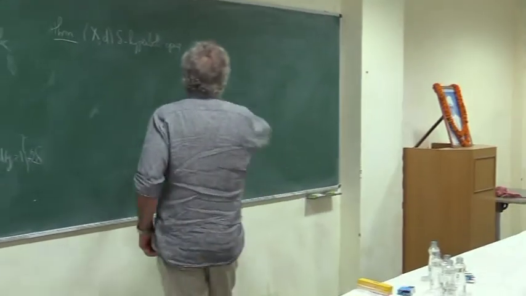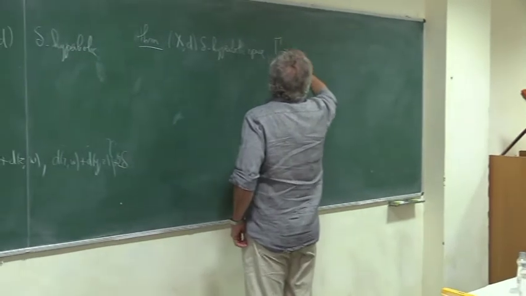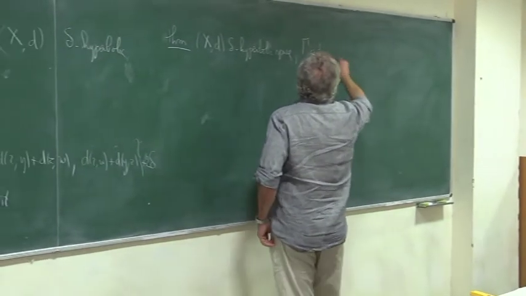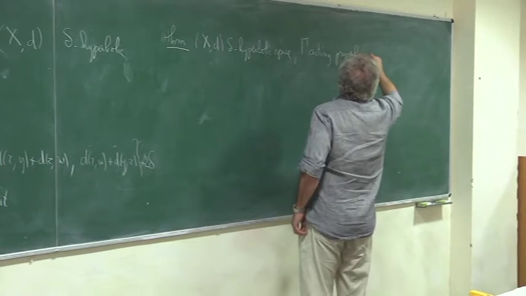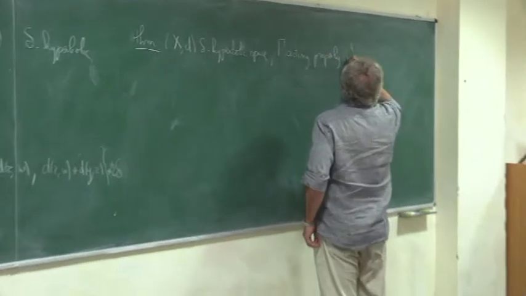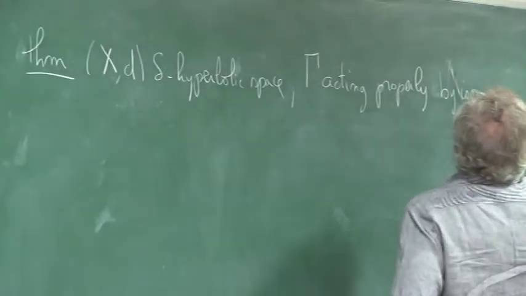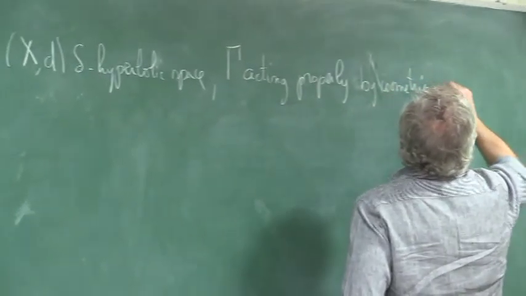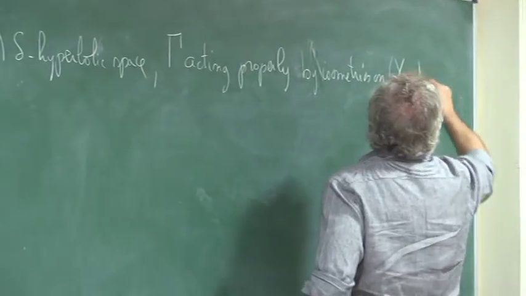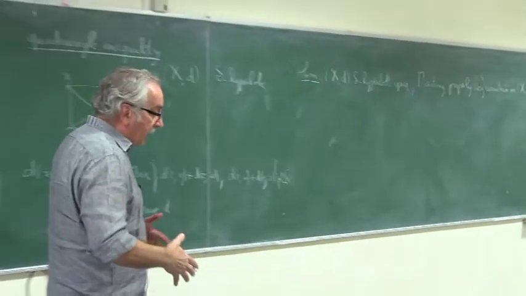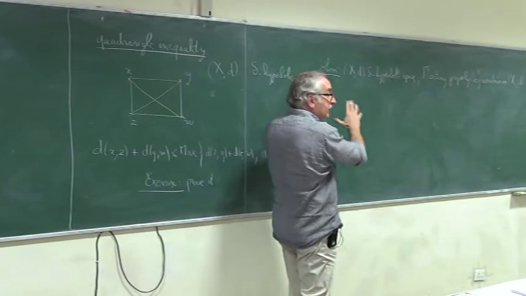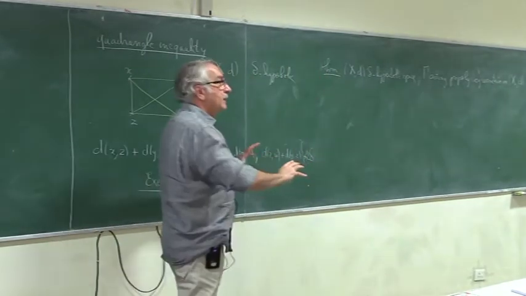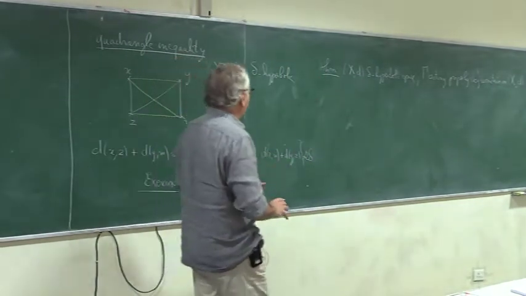And we'll have, as usual, a group acting properly by isometries on the space. Our interest is really twofold. We want to understand the geometry of these metric spaces, which is a nice class because it's not too big and not small at all.